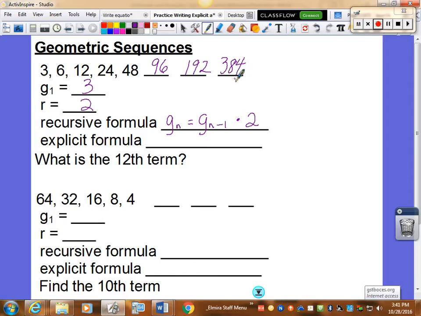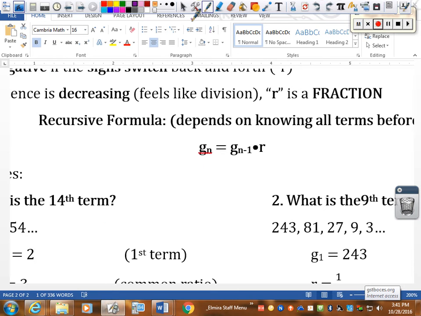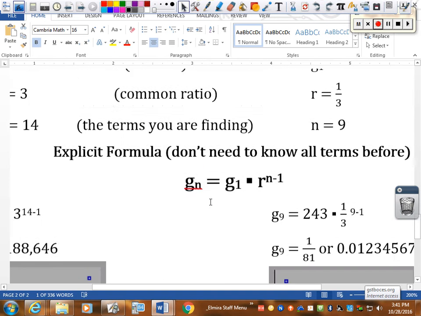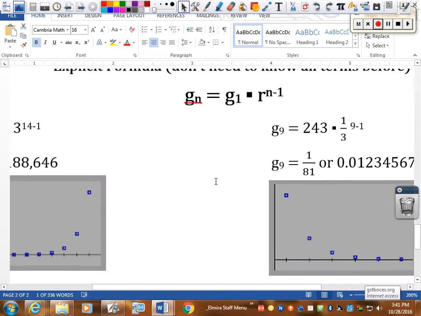Okay, so that's recursive. Explicit formula. The explicit formula has some similarities to the arithmetic, but there's some differences. Okay, so let's scroll down here and look at our explicit. We need to sub in a value for G sub 1, our first term. We need to sub in an R, just like we did an A sub 1 and a D. Okay?